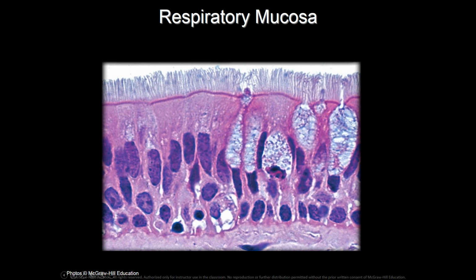This is pseudostratified columnar epithelium with cilia and goblet cells, which are these. The goblet cells secrete their mucus coat into the apical portion of this respiratory epithelium so we can protect the cilia. The cilia help to sweep away the mucus and also to trap any debris.